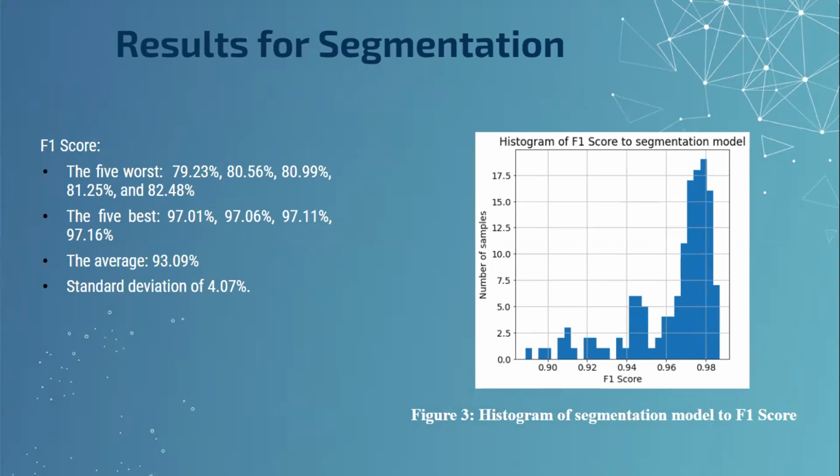And for the FEM score, we have the 5 worst similar results in the inter dataset, respectively 79.22, 18.56, 18.99%, 81.55, 82.25% and 82.48%.